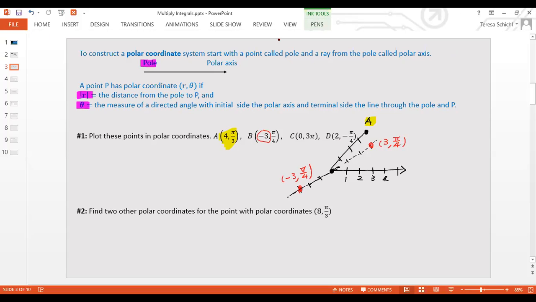The next point here is just 0. That means R is equal to 0, and the angle is 3 pi. Okay, so I know if you turn the whole circle, it's going to be 2 pi, right? So you turn one more, and you're going to land on this axis.